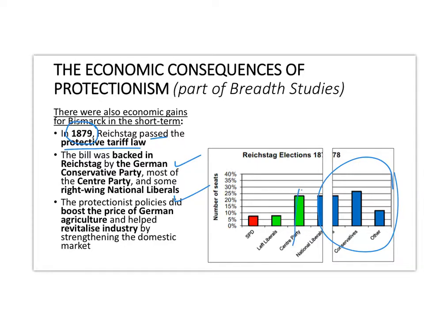Part of the issue with the Centre Party is, remember, they are a Catholic party, but there were rich Catholics who wanted protectionism, so some of the Catholic Centre Party voted for it as well. So protectionism was formally introduced in 1879, and what that did is it made German food more expensive, but it did revitalise industry because it protected German industry from competition abroad.